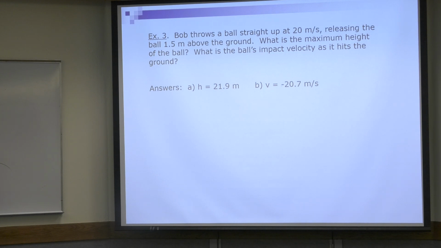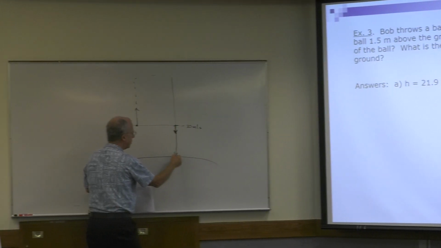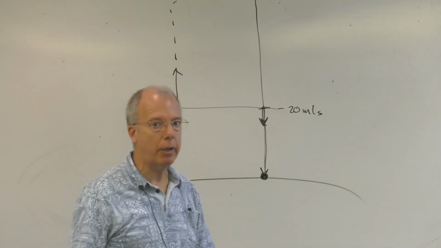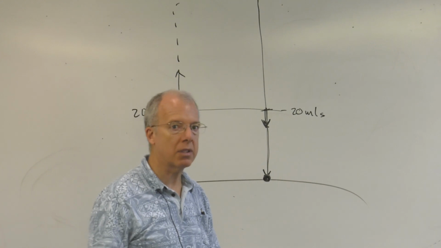So here's something that you always want to check yourself on. Remember, this is free fall. There's lots of symmetries with free fall. If I drew a horizontal line right here, what would be the velocity right here? Well, minus 20 meters per second. So what's the velocity going to be here? It has to be going faster than 20 meters per second, because it's accelerating.